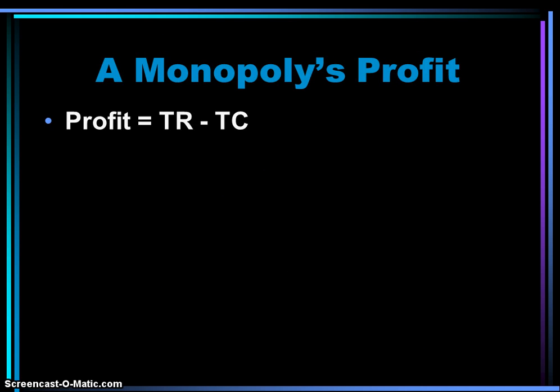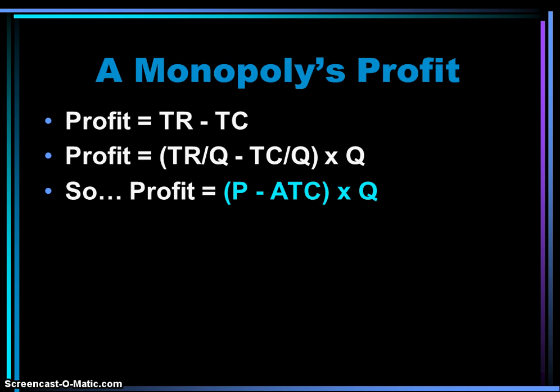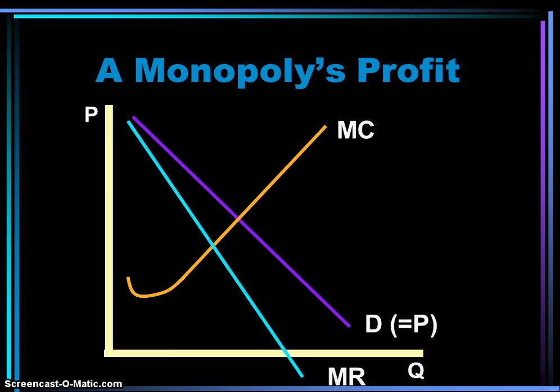So a monopolist's profit, again, is what's left over after they have paid all their costs of production. Profit, through substitution, we can say is equal to price minus average total cost times quantity of output. So let's look at that on the graph here. Here's their price at the profit maximizing level of output.